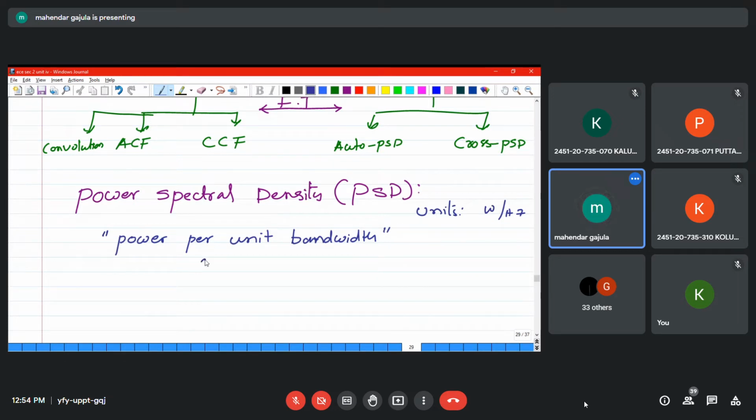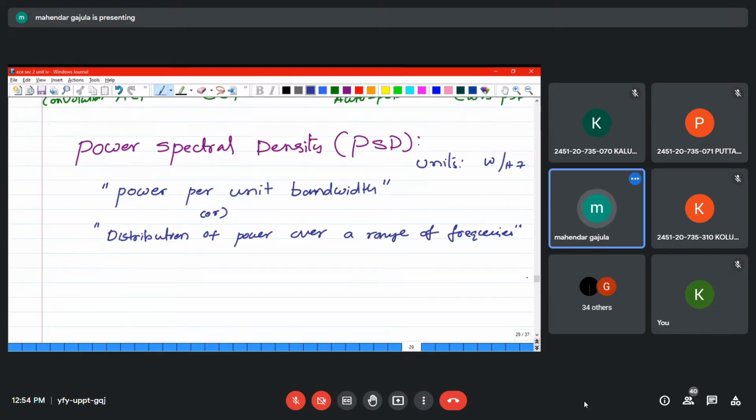I'm giving these shortcut definitions. Power per unit bandwidth, or distribution of power over a range of frequencies.